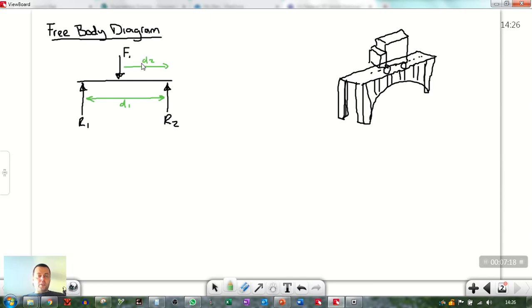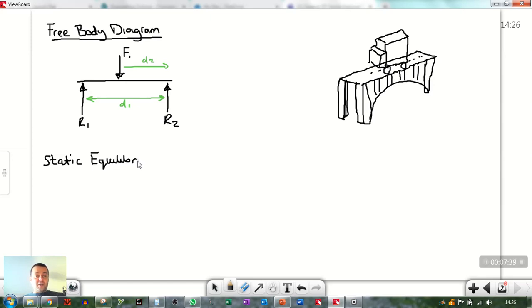Okay, so what we're going to do is talk about what we call static equilibrium. Now this is something that structural engineers really care about. Static equilibrium. Now we know what static means. It means that the thing isn't moving.